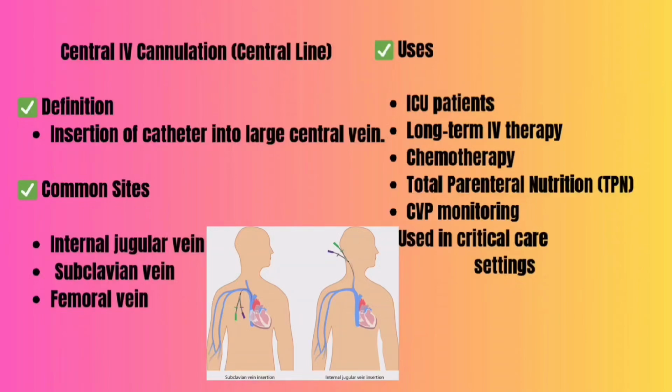Mostly we use it in ICU patients, for long-term IV therapy, chemotherapy, and total parenteral nutrition, which is for patients who are not able to take any liquid or food orally. CVP monitoring is also used in critical care settings with the central line cannula.